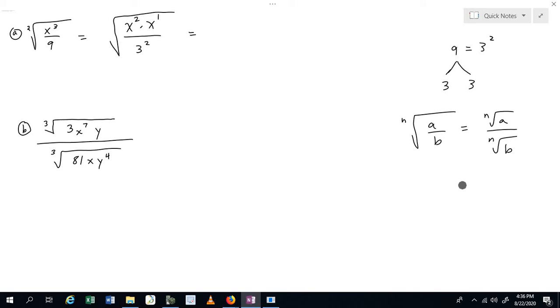That's a property of radicals. And in one of the previous problems, we had the nth root of a times b, and you can break that up and write it as the nth root of a times the nth root of b. And so that's what I'm doing here. I can break this up into the square root of the top divided by the square root of the bottom.